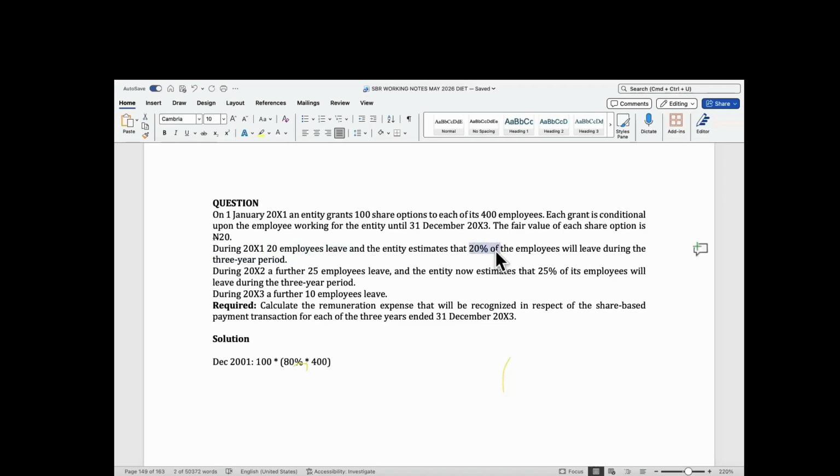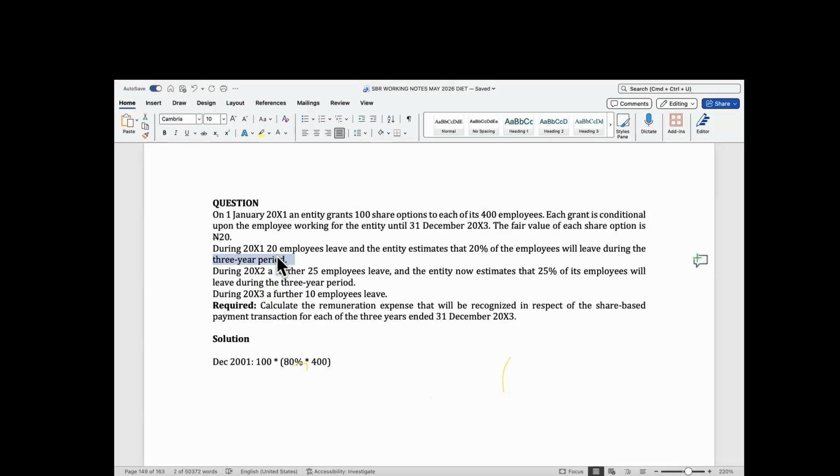So this estimate has already encompassed the 20 that actually left in 2001, because this estimate is over the entire period from year 1 to year 3. They have given us the estimate that 20% will leave. Since what I need is people that will not leave over the period, that's 80% of our entire workforce.